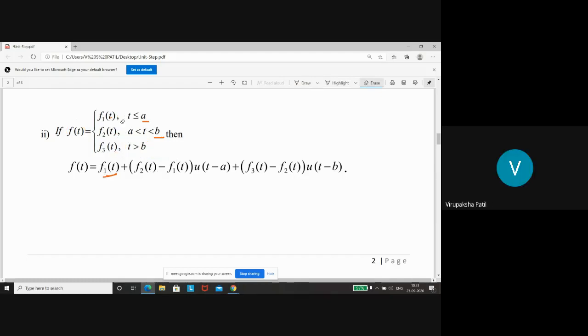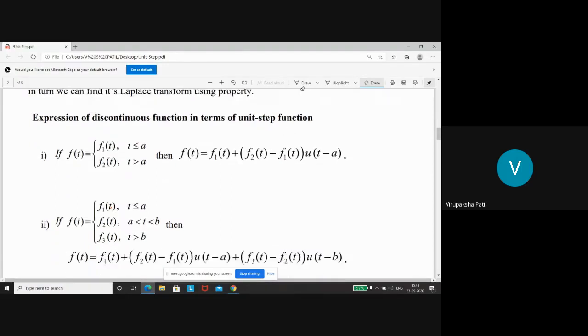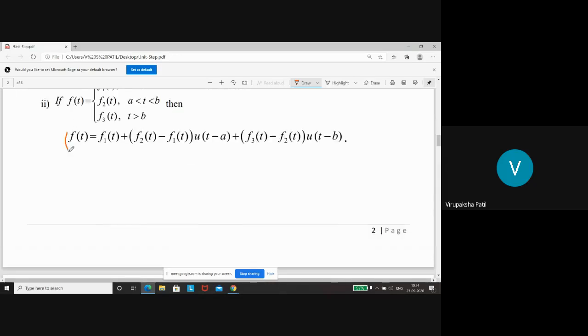These two are very important. They help you express a discontinuous function in terms of the unit step function, and hence you can find the Laplace transform of it. If it is split into three parts, this expression is very important.